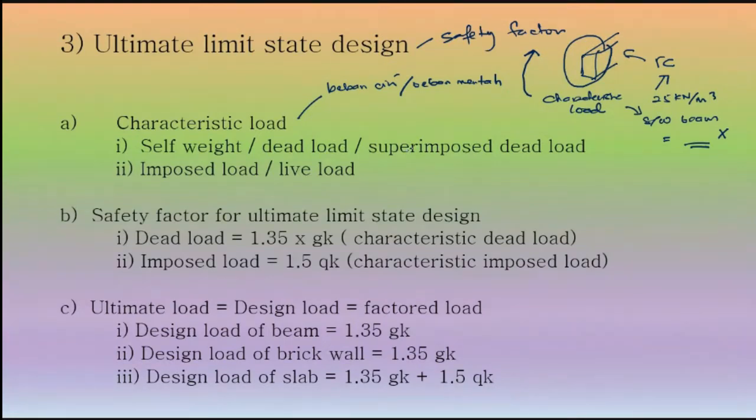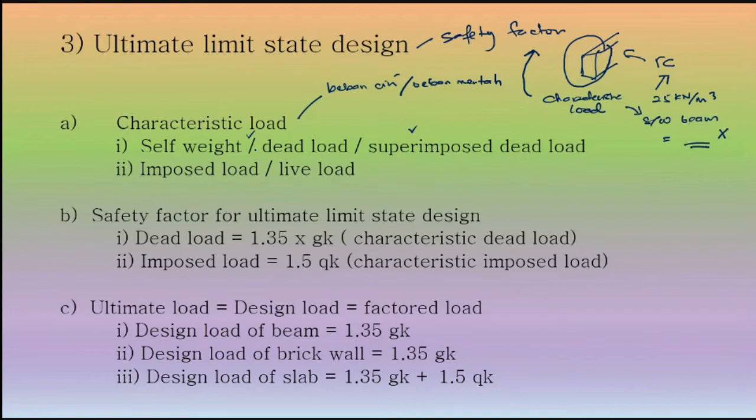Yang awal-awal dulu first chapter kita go through permanent action. Physical forces kita consist of permanent action dengan environmental factor kan. So under permanent action kita ada self weight dan juga superimposed dead load, right? Self weight tu samalah dengan dead load. So self weight or dead load ni refer pada weight of structural element.